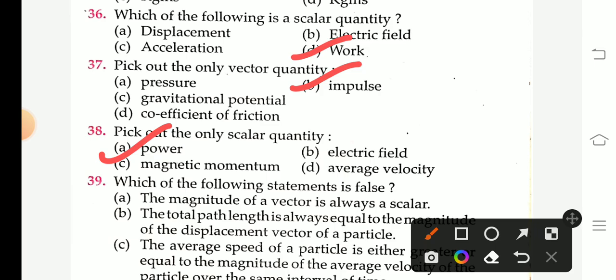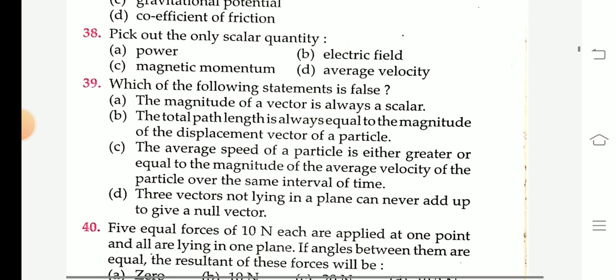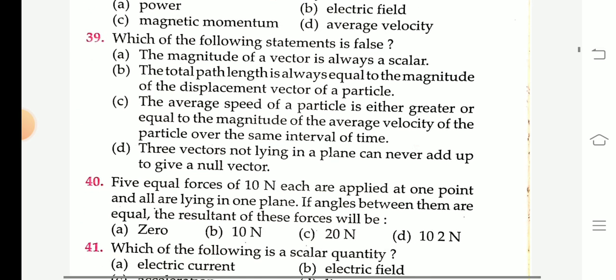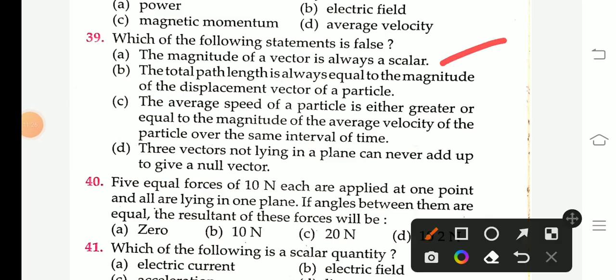Which of the following statements is false? The magnitude of a vector is always a scalar. The total path length is always equal to the magnitude of the displacement vector of a particle.